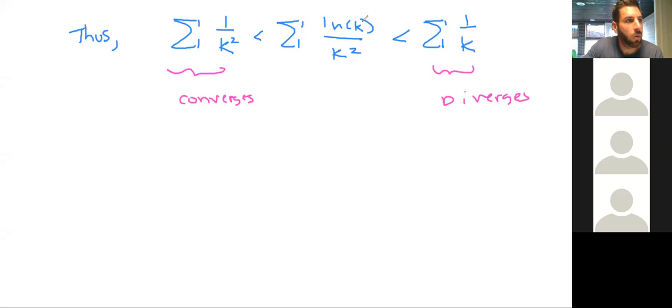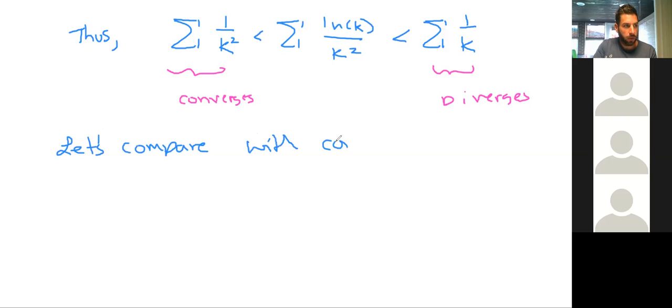And why am I using 1 and 2? Well, I'm looking at the exponent here and I'm looking at the exponent here. What is the number between 1 and 2 that I might want to study? 1.5. That's right. So the maybe naive choice is, let's compare with 3/2, the convergent series.